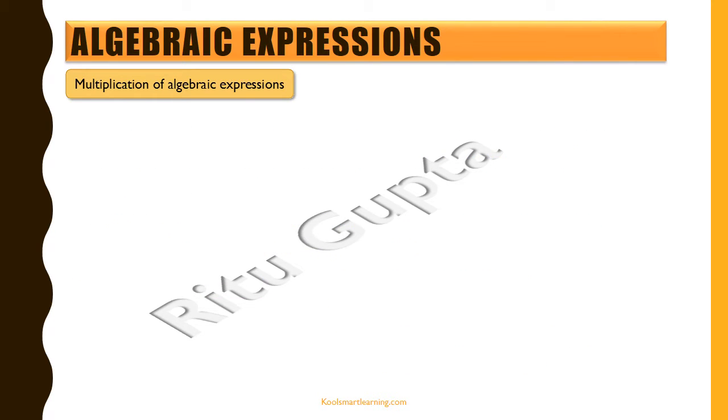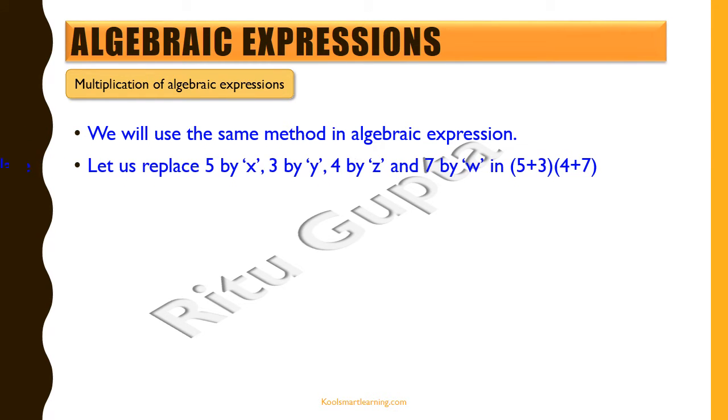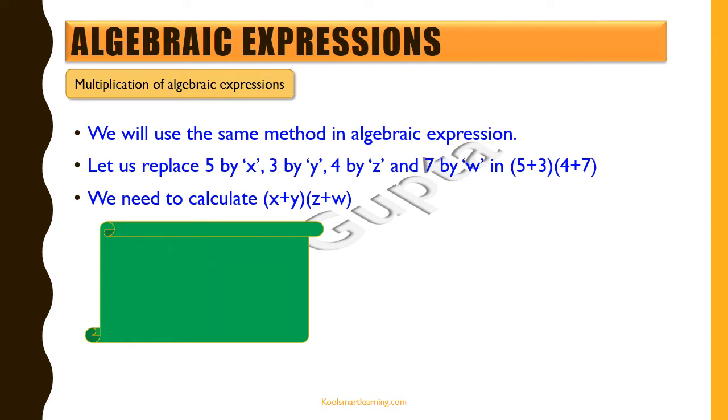So we'll use the same method of multiplication for the algebraic expressions now. Let's now replace 5 by x, 3 by y, 4 by z, 7 by w, and the expression now becomes: we want to calculate x plus y multiplied by z plus w, and let's see how we'll do that. Now we apply the distributive property as we've done in the previous example.